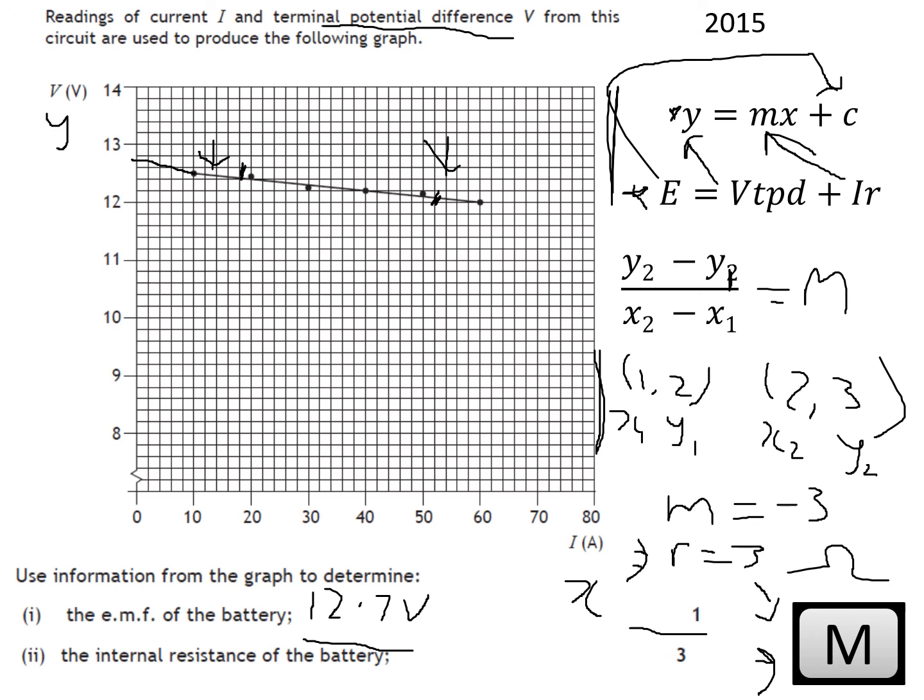Don't do anything fancy and try and say M is equal to R or equal to minus R. Just write implies R is equal to 3 ohms. You've got your sign there, your symbol, sorry, your units, and you've got your value, it's positive. That's all you need to do. Okay? Don't try and be fancy, because if you try and be fancy, you can cost yourself some marks. Okay?